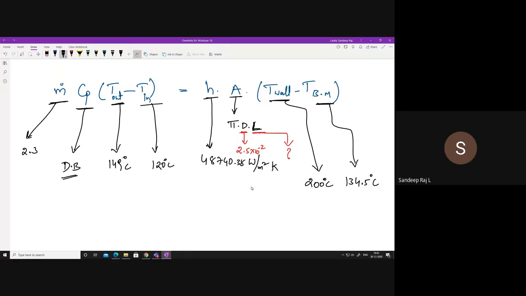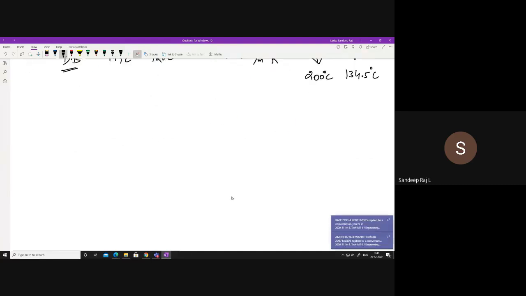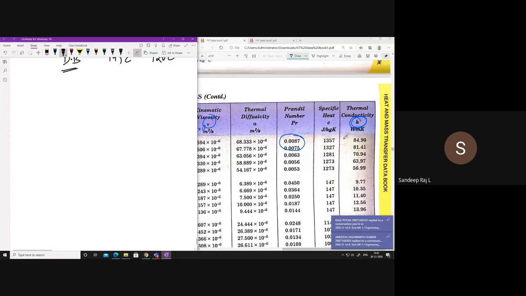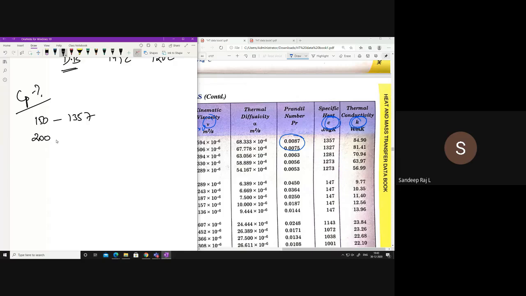So everything is known except Cp. Cp you have to get from the data book. For 150 it is 1357, and for 200 it is 1327.